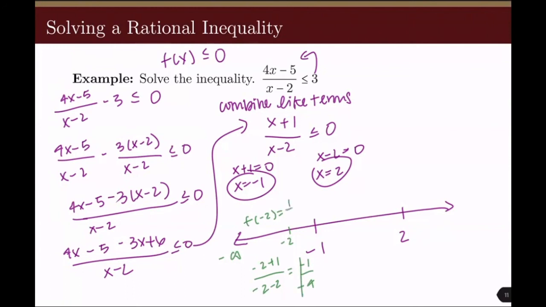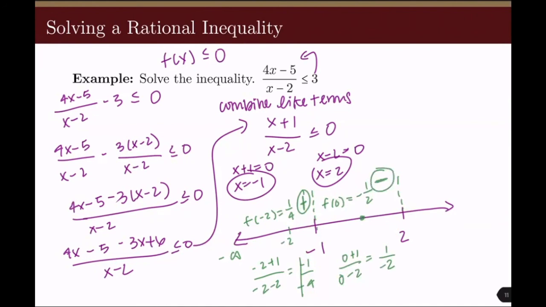So it's going to be 1/4, and it'll have positive value. Next, my favorite number between negative 1 and 2 is, of course, going to be 0. So that means I'll have 0 plus 1 over 0 minus 2, which is just 1 over negative 2, or negative 1/2. That's overall negative.